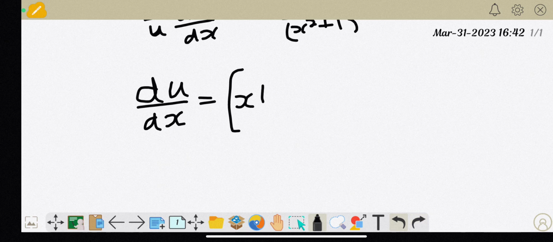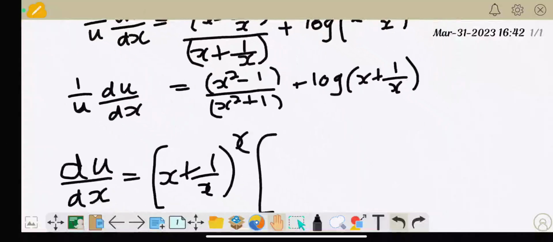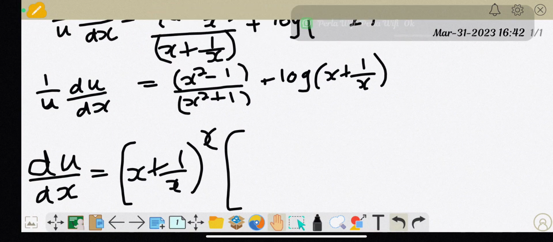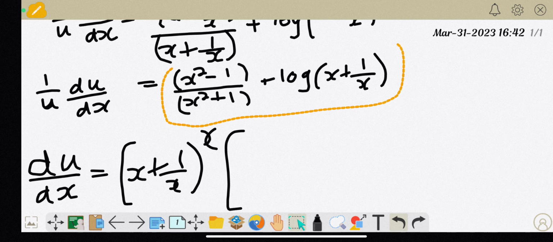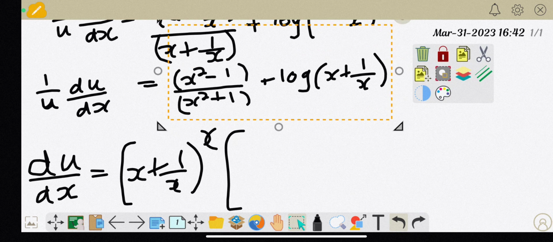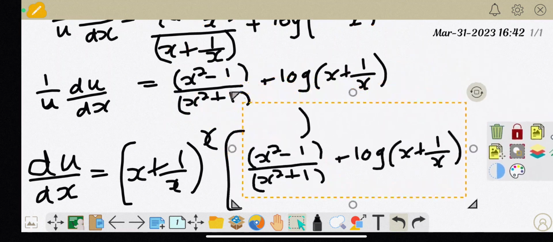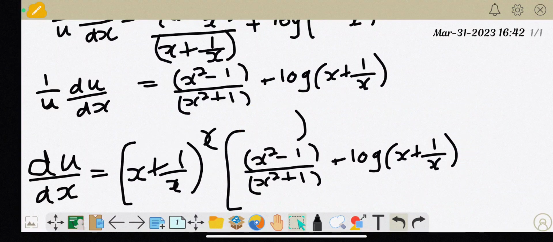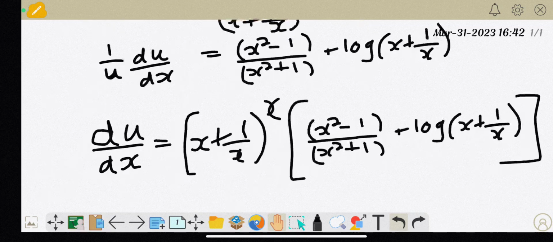So x plus 1 by x to the power x, then whatever term we had got here, the same term you have to write again. Okay, this term itself you have to write it again. So copy, yeah. So this is our du by dx.